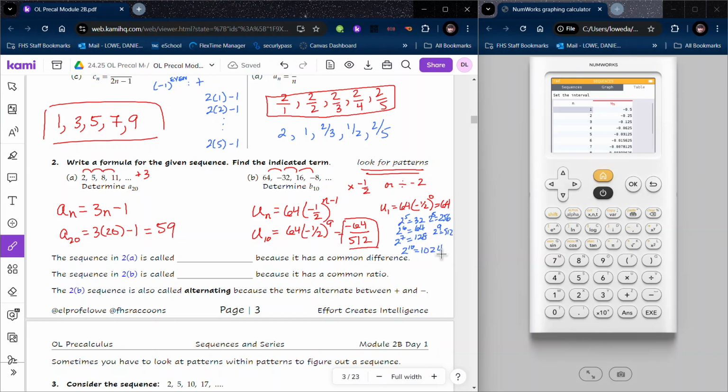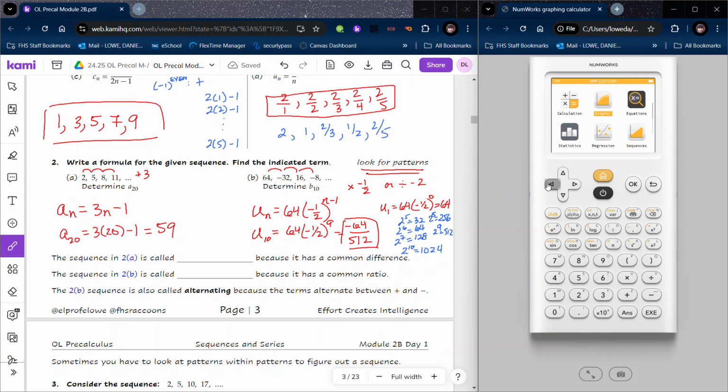So it doesn't matter which approach I use, I should be able to get to my particular values. With the calculator, obviously, it would be much easier because I could just say, hey, 2 raised to the 9th power, that's 512.